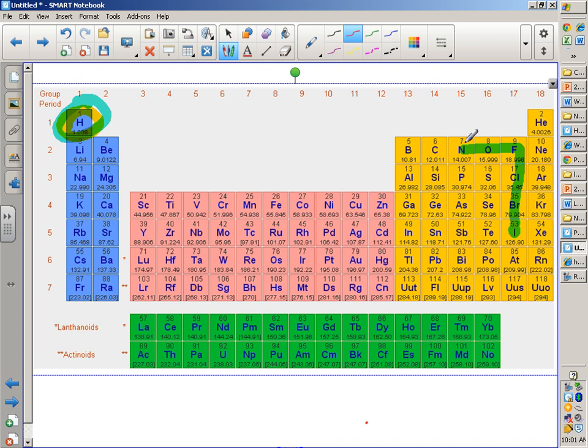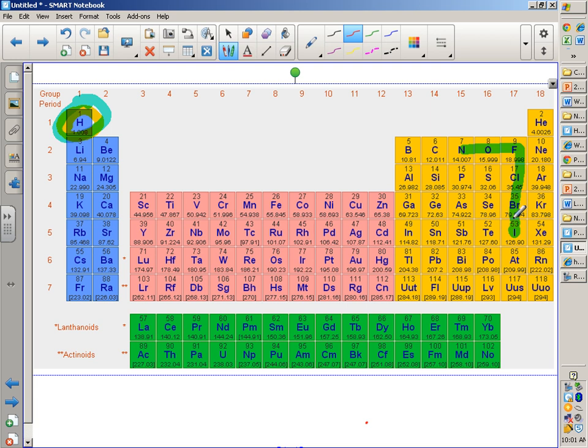The other 6 are all nonmetals, because we said that a diatomic molecule is held together by covalent bonds. So you need to have nonmetal things, right? So these 7: hydrogen, and then nitrogen, oxygen, fluorine, chlorine, bromine, iodine. Those are your 7 diatomic elements.